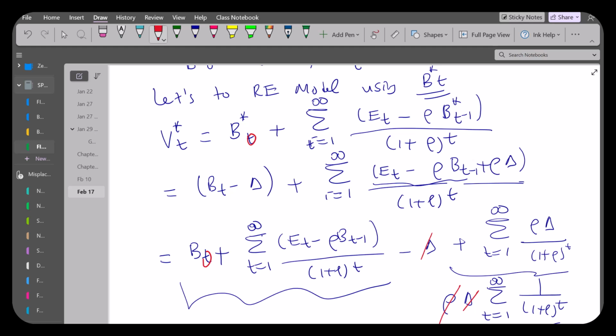You will get exactly the same valuation. But in practice, we can estimate earnings and dividends only for a few years. Then we're going to make some sort of simplifying assumption in terms of terminal value or continuing value. In that case, it does make a difference.